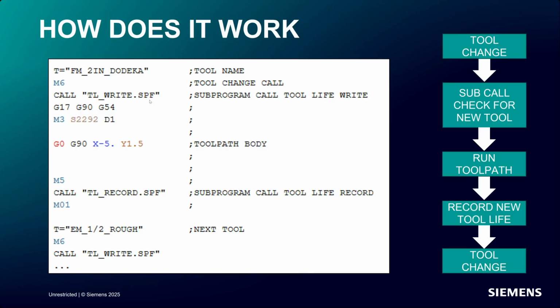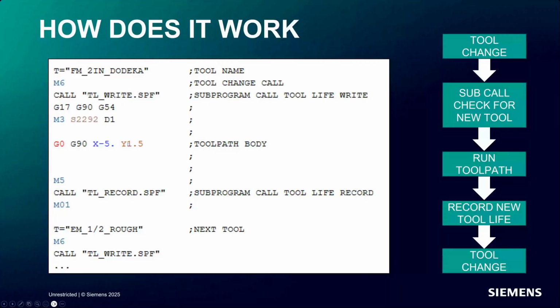So obviously it's going to be a brand new tool, and it's going to be 0 for your data because it hasn't stored any data. I didn't want you to get a bunch of reports saying this tool ran for 0 minutes or this tool ran 0 times. So I put the logic in there that says if this tool hasn't been run before, don't write anything out. Only if those 3 conditions are met will it write out that program. Then it will jump back to your main program.